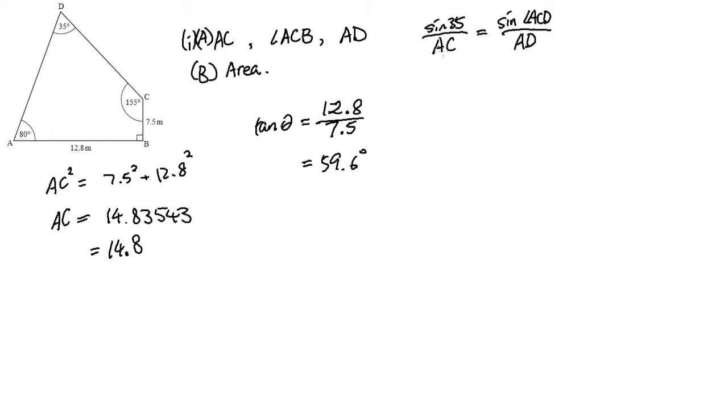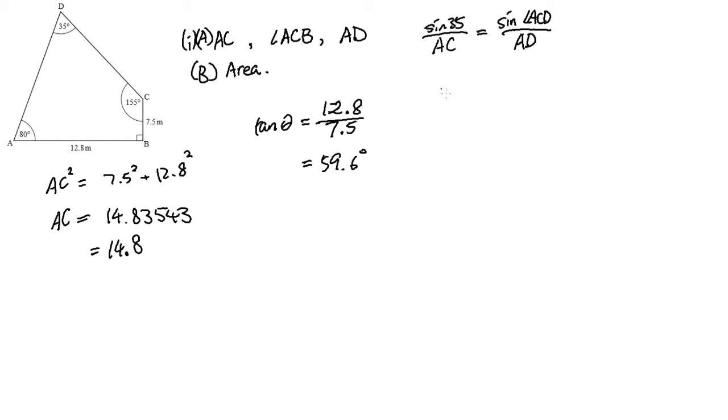So we know AC, we know ACD, well, we do not know ACD, but we know ACB, so we can find ACD by taking ACB off from 155. So 155, take that, is 95.367.